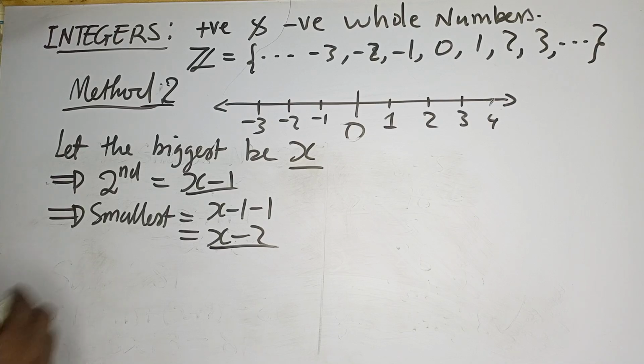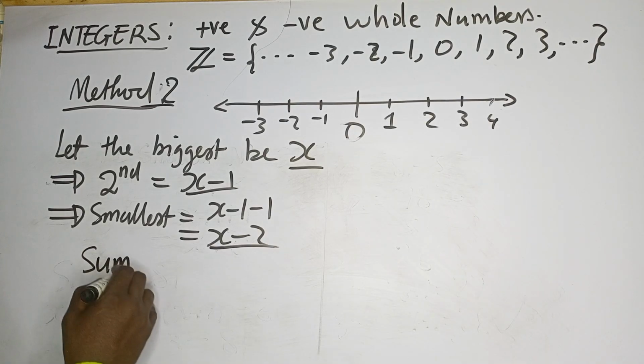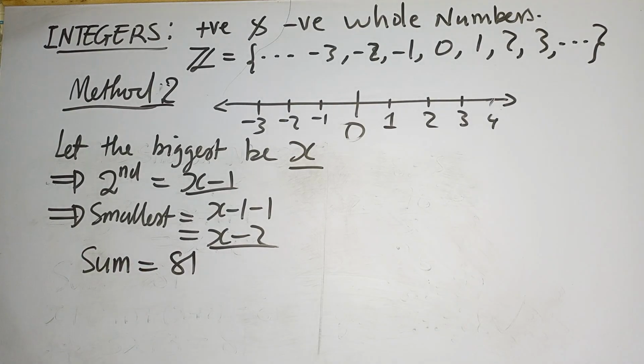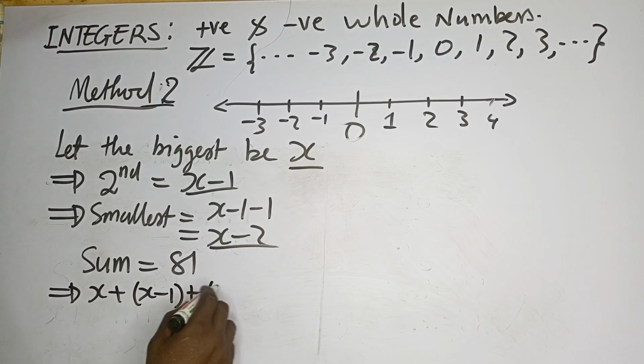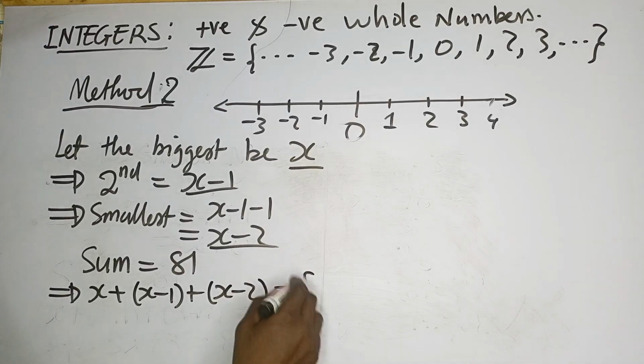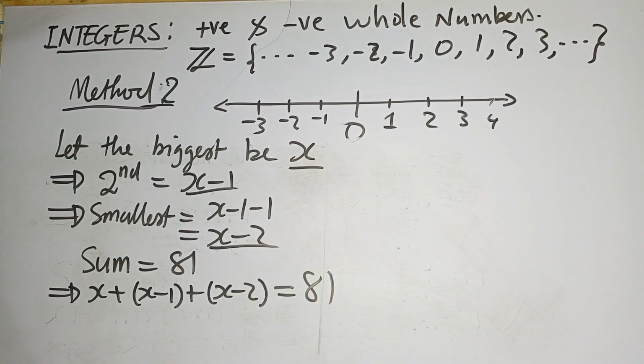Their sum again is 81. So we're going to add this to this to this, and then we'll solve for x. Okay, so that means x plus x minus 1 plus x minus 2 is 81. All right, we have 1, 2, 3x, 3x, and the negative 1 minus 2 minus 3 is equal to 81.